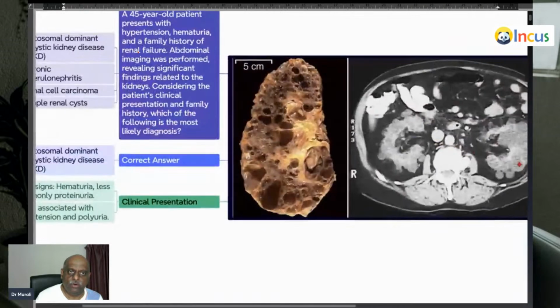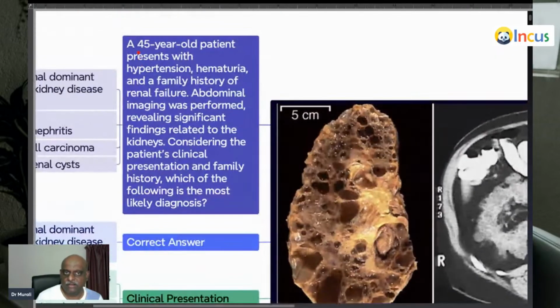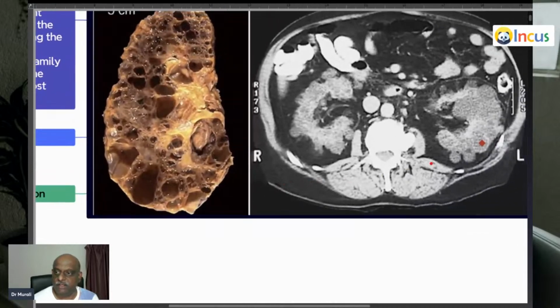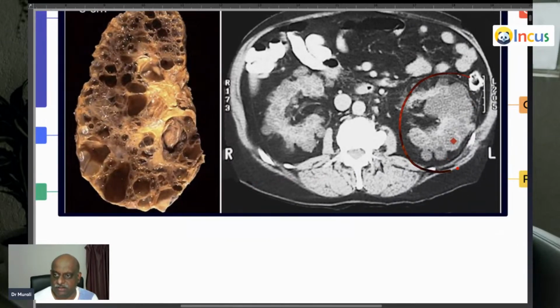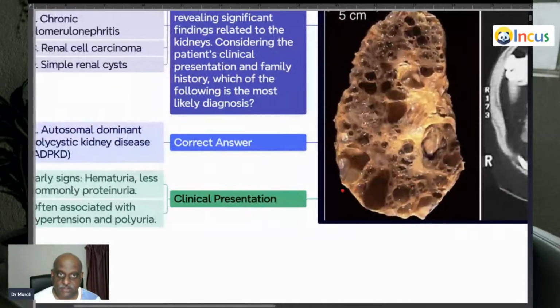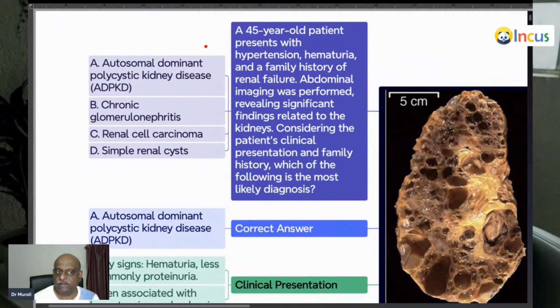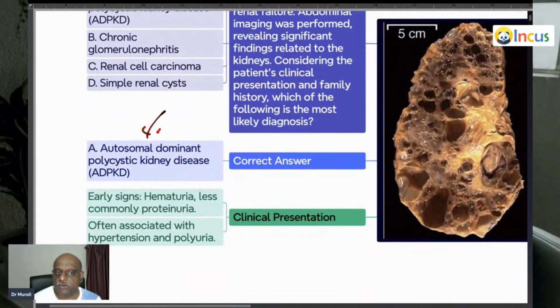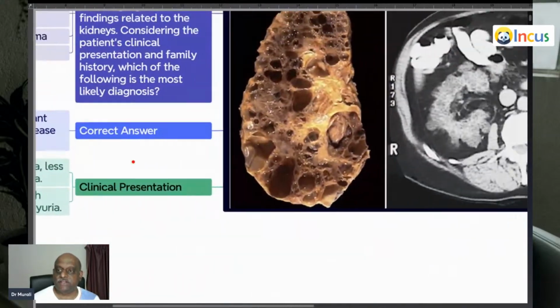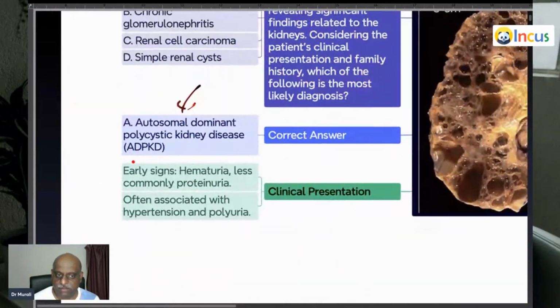A 45-year-old patient with hypertension, hematuria, and family history of renal failure; abdominal imaging was performed. And what do you see in the abdominal imaging, doctor? You see multiple cysts. What is the age group of the patient? 45 years. So it's a classical case of autosomal dominant polycystic kidney disease, which is what you need to remember.